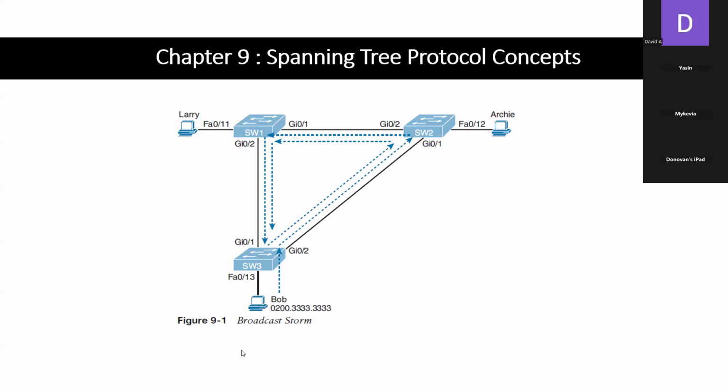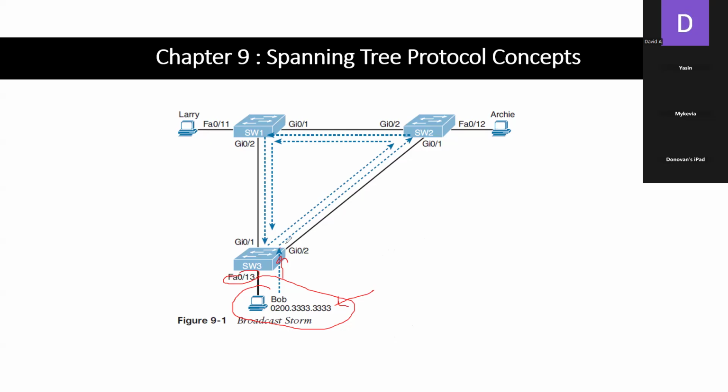What that means is, let me get my pencil again. The frame originated at Bob's PC. That frame entered switch 3. So switch 3's MAC address table said, hey, for this MAC address, map it to port FastEthernet 0/13.